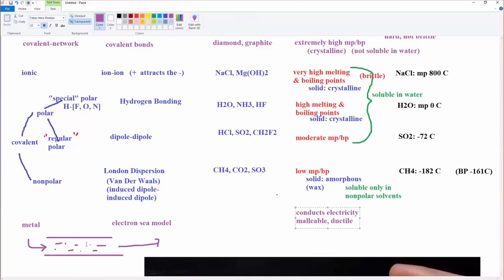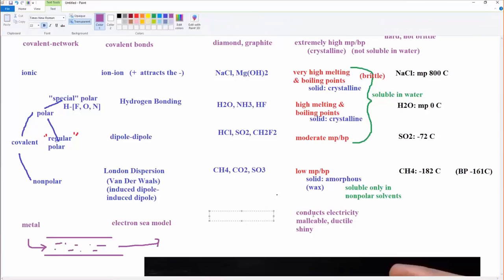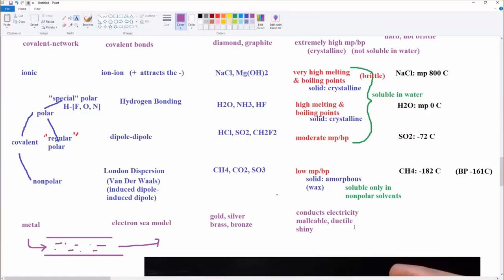You can hammer this, you can draw it out into a line, because we don't really have a structure here like in the other ones. Metals are also shiny, because the electrons reflect light when it comes in. Good examples are gold or silver as elements, and brass and bronze as alloys. Anything that's a metal has this model.